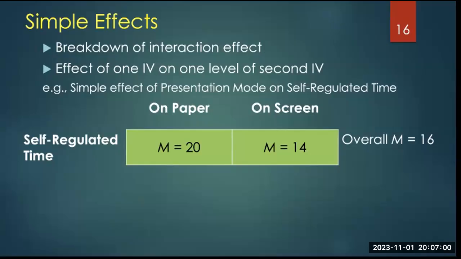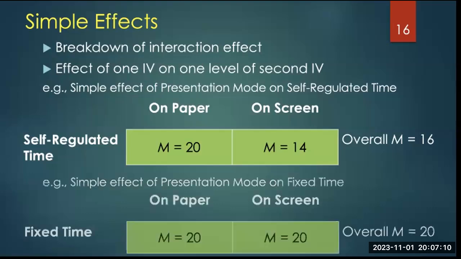So right here, we see there is a difference. In self-regulated time, there was a difference in modality. That's one simple effect that we found. Now let's look at the effect of presentation mode on fixed time. Just looking at fixed time, was there a difference in their scores when they studied it on paper or on screen?